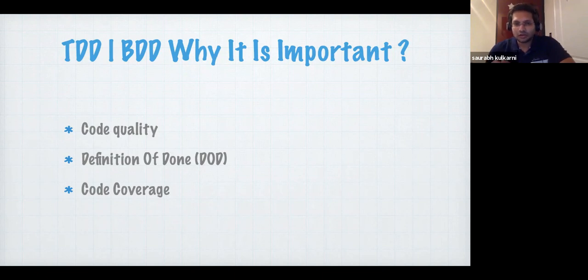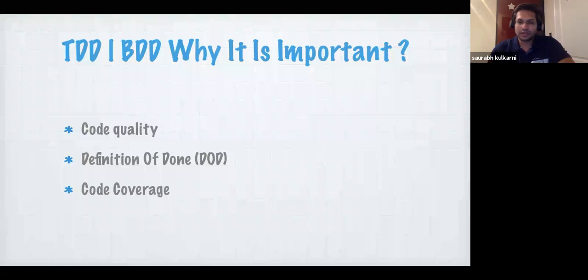Also, TDD and BDD are important because they are skills required and being asked for by recruiters and market leaders today, whether technology companies or any software requirements that drive with TDD and BDD.